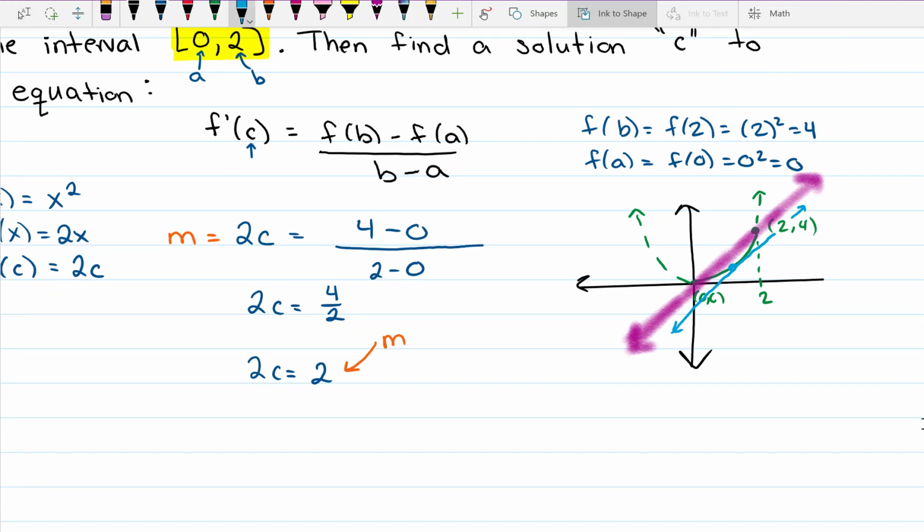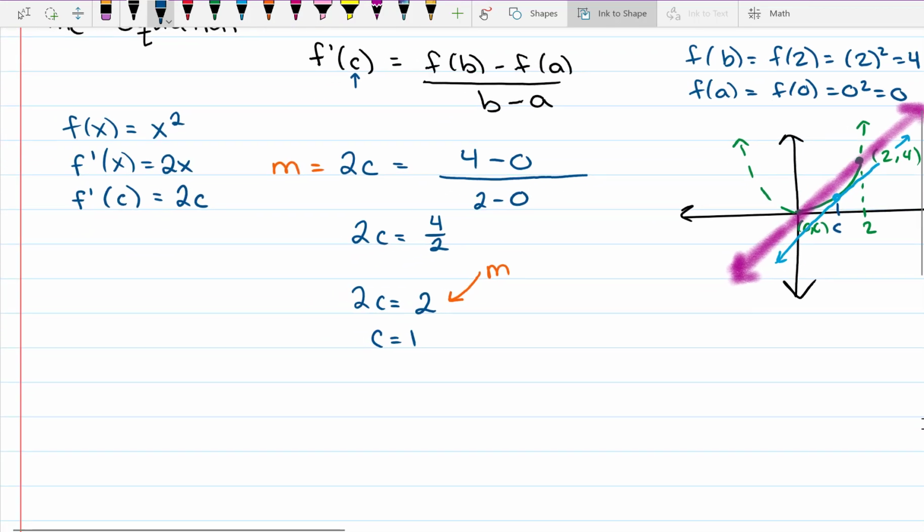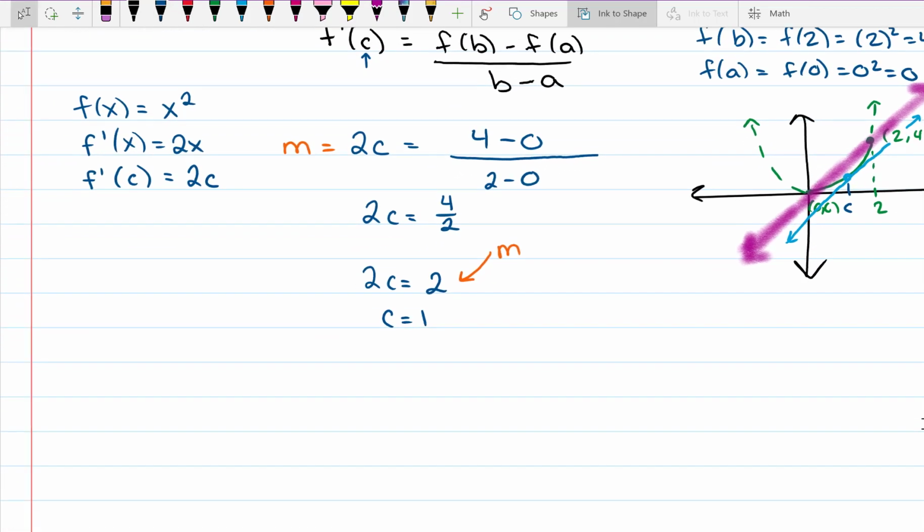So right now what we just did, we showed the mean value theorem holds. But we get c is equal to 1. Okay, so c is our x value. So this is c right here, which is equal to 1. So what we need to do is actually find and make sure that the slope is the same both ways. So we know that the slope is equal to 2 from here.